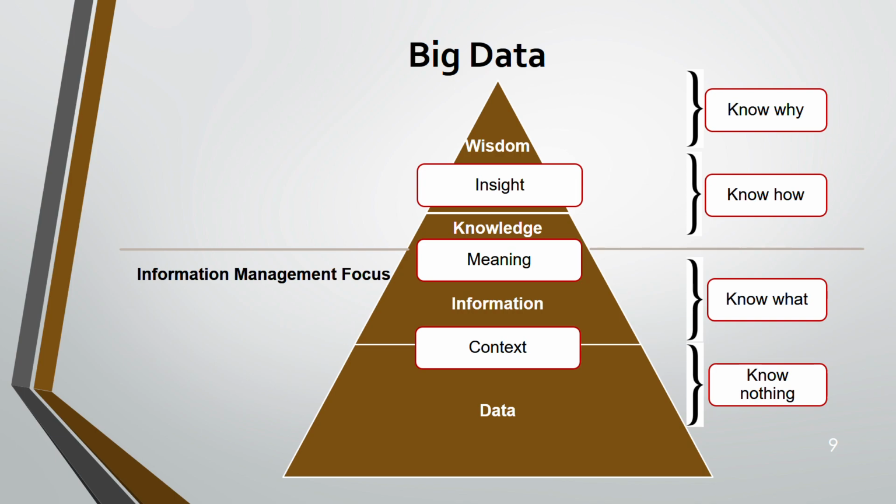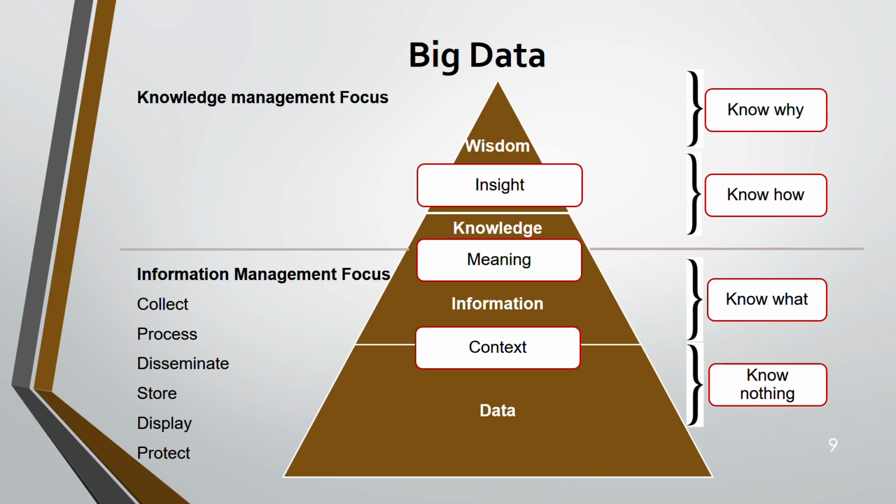So, there is one known as information management focus, where your focus is on managing information. Here, you collect, you process, you disseminate, you store, and you display and protect that. Next is knowledge management. This is at a higher level.